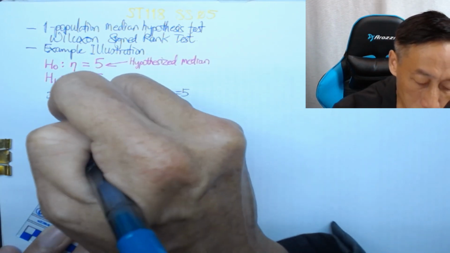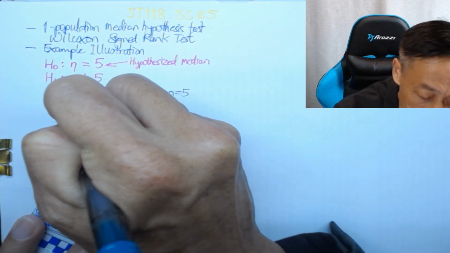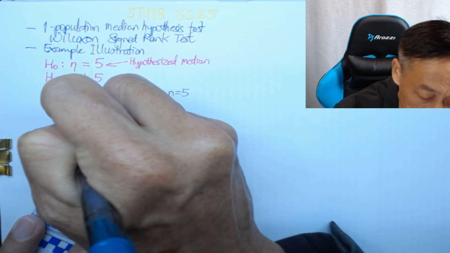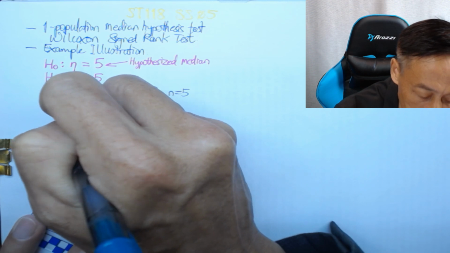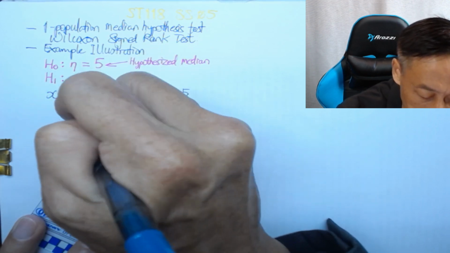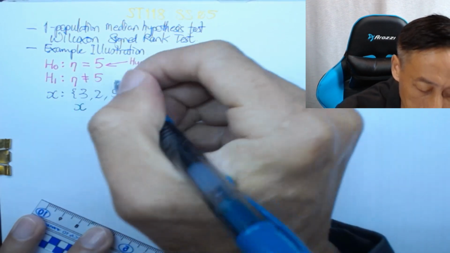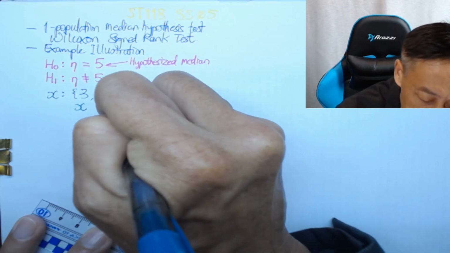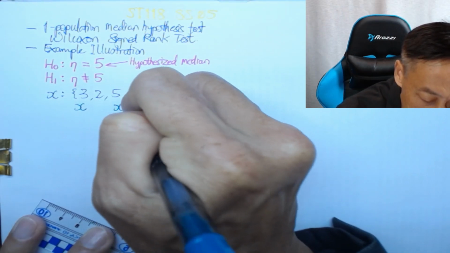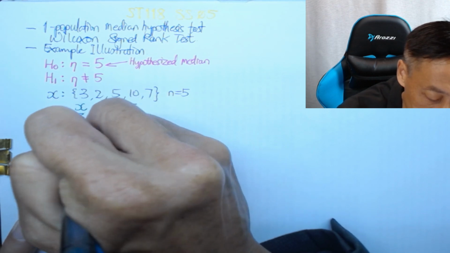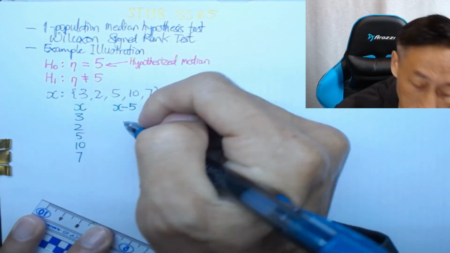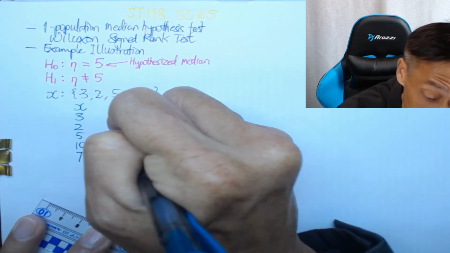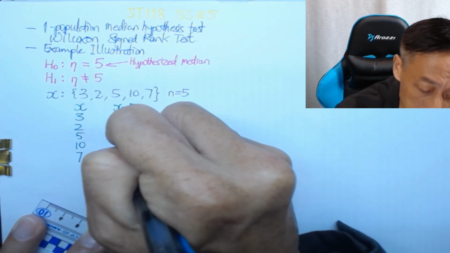So we will instead calculate the adjusted X. The adjusted X will be from 3, 2, 5, 10, and 7: we have -2, -3, 0, 5, and 2.